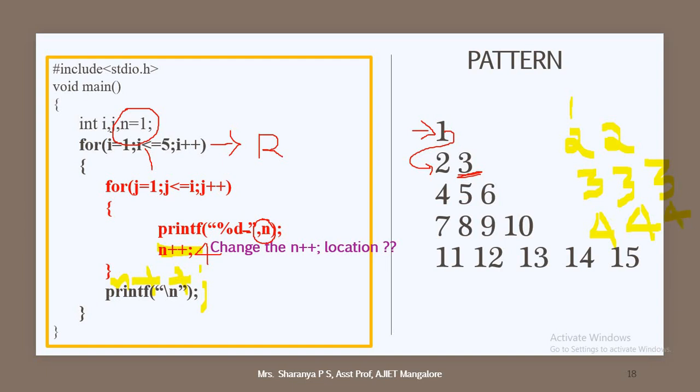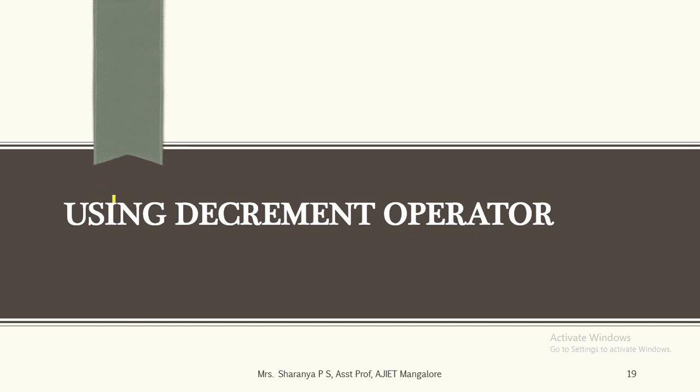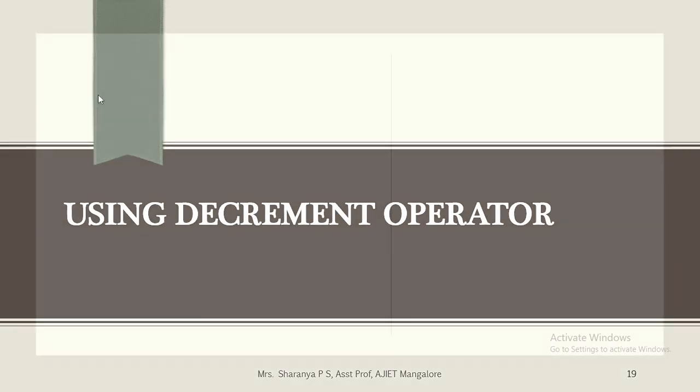This is one more way we can print this pattern, by using this concept which is already discussed, from some other aspect. Now suppose we use a decrement operator inside the for loop, how can we design the pattern we discussed previously? Is it possible to use a decrement operator?